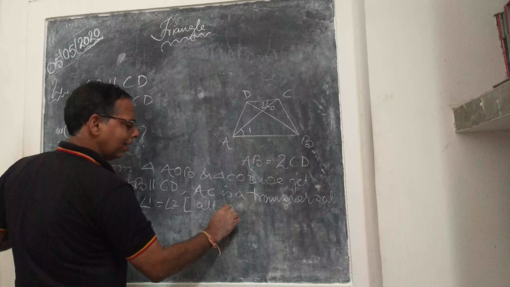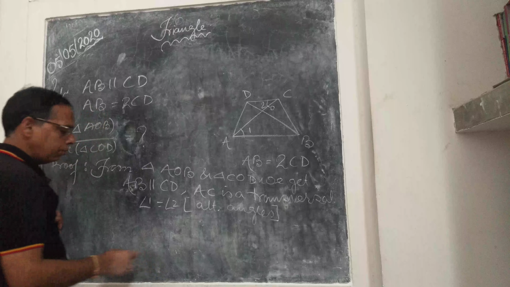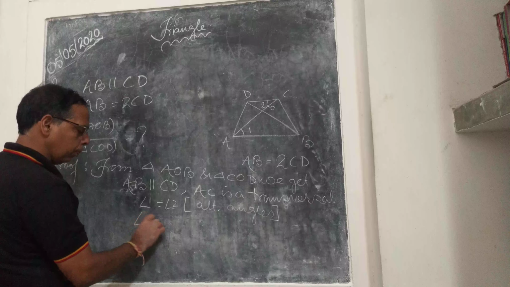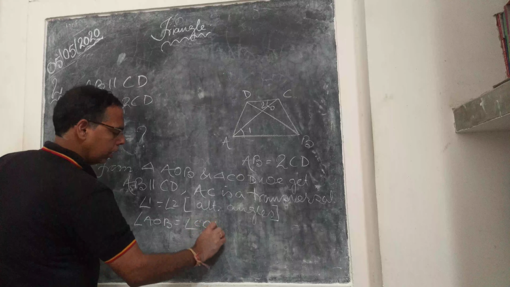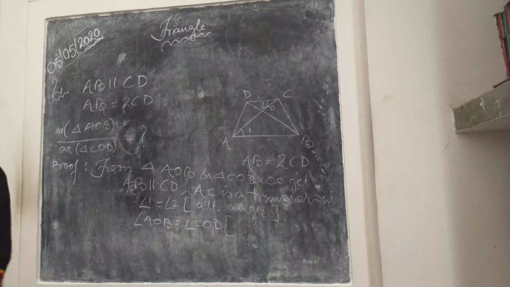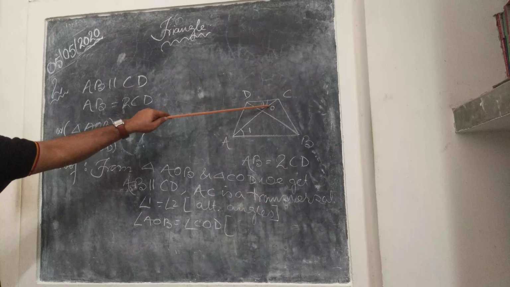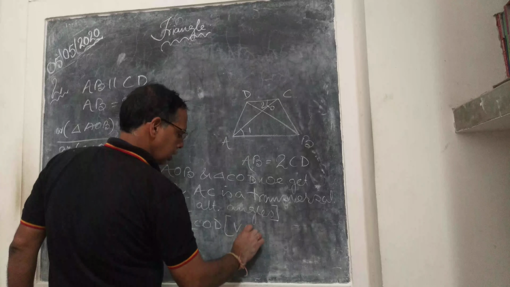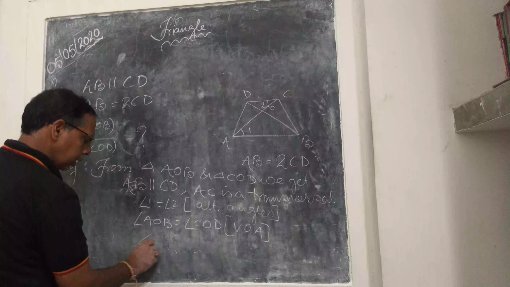Alternate angles. Then again you see angle AOB equals angle COD. Why? What is the reason? Because they are vertically opposite angles.